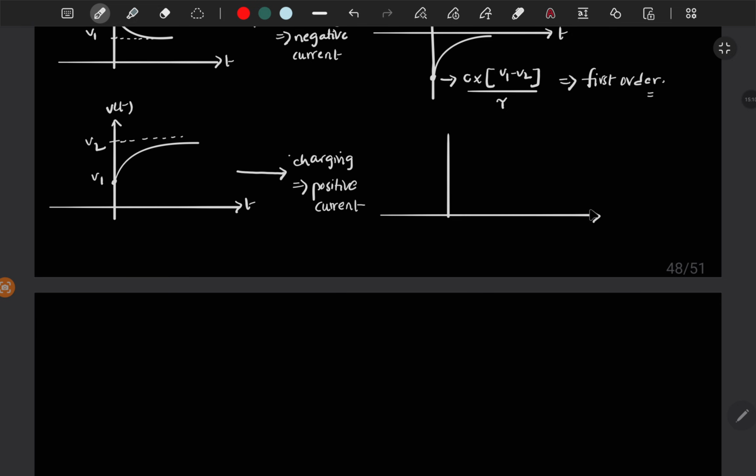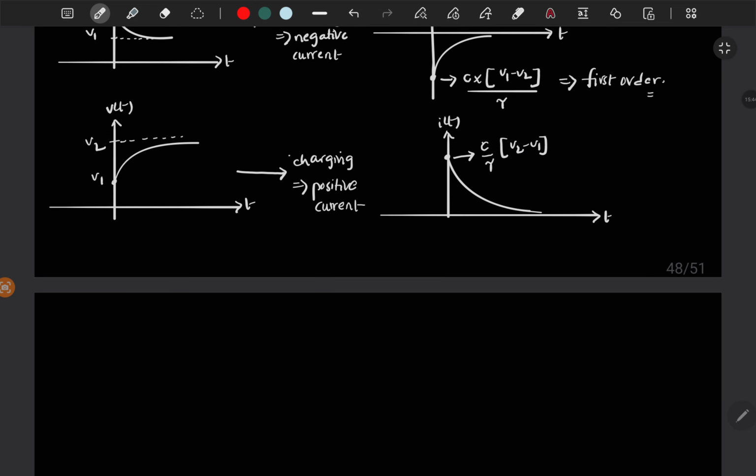So if you want to find the current magnitude at t is equal to 0, finally it will go to 0, that is for sure, because at steady state it is settling to V2, the voltage is settling to V2 and current should be 0, and current should be positive because of charging, and this value is same, C by tau times the change in voltage, V2 minus V1.